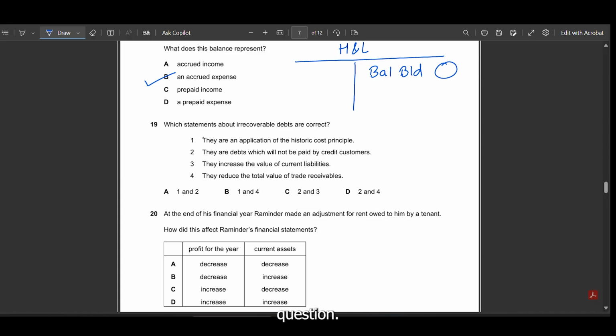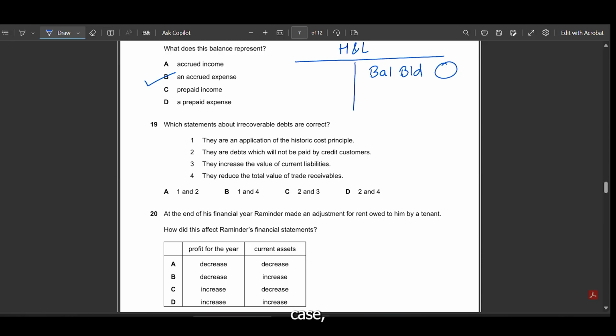Moving ahead with the next question, which statement about irrecoverable debts is correct? 1: they are an application of the historic cost principle. 2: they are debts which will not be paid by the customer. 3: they increase the value of current liabilities. 4: they reduce the total value of trade receivables.